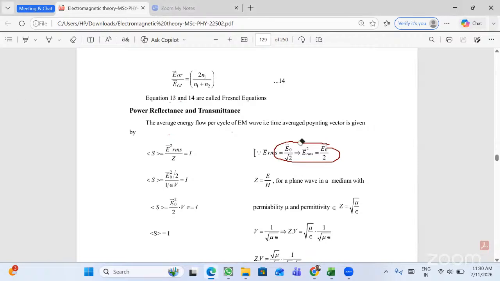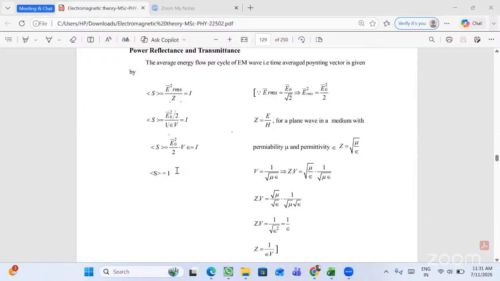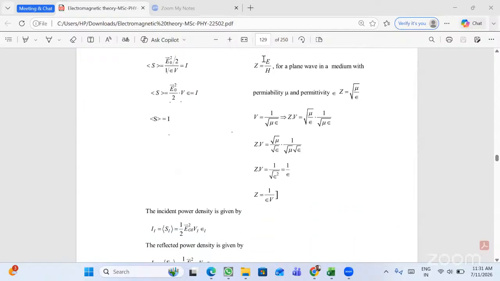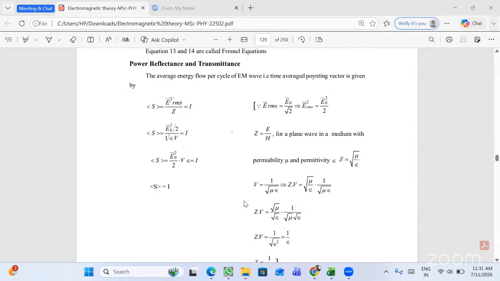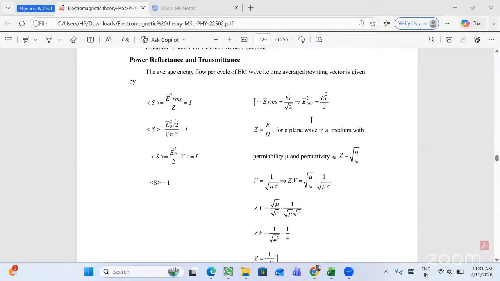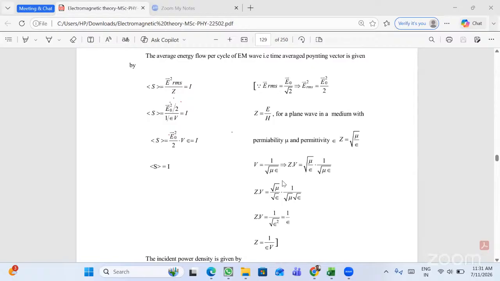Here is the equation for average energy flow per unit area, which we call the Poynting vector. It is defined by E square RMS. We substitute those values and we get this equal to I. On the right-hand side, how we get all the values, what the Z value is and what the V value is, is all given.